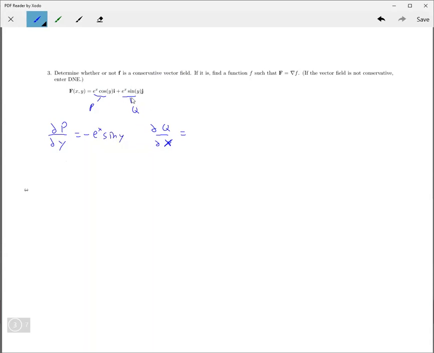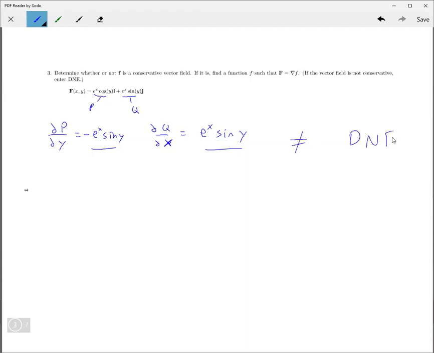sine y. What's the partial of this with respect to x? E to the power of x sine y, times sine y, right? Okay, these are negatives of each other. Are they equal then? No, they're not equal.